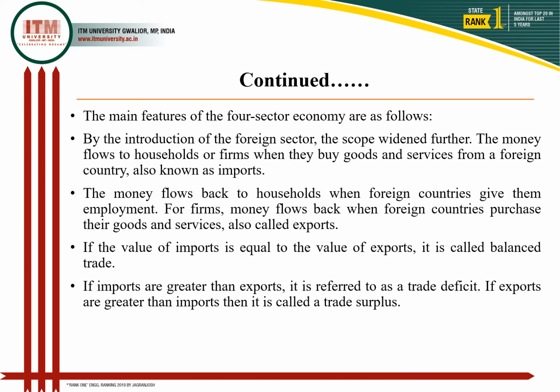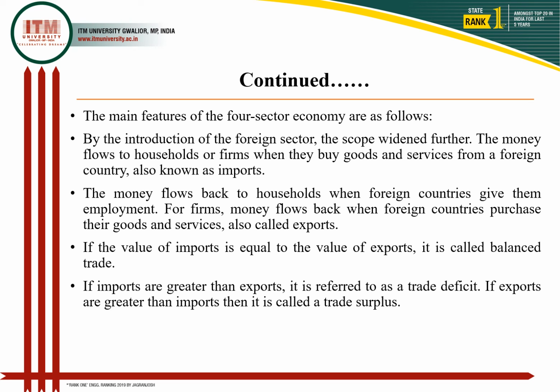The major feature of the four-sector economy is that by introducing the foreign sector, the scope widens further. Money flows out from the household and firms when they buy goods and services from a foreign country, known as import, and there is employment income, which is money flowing back to the household.